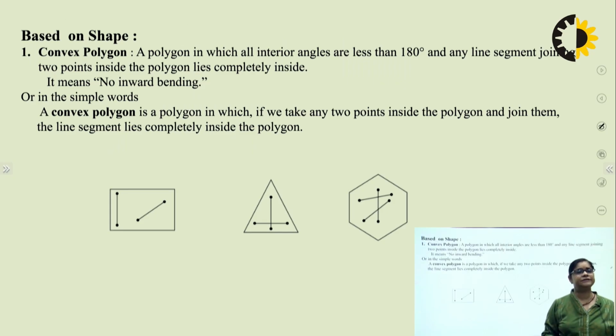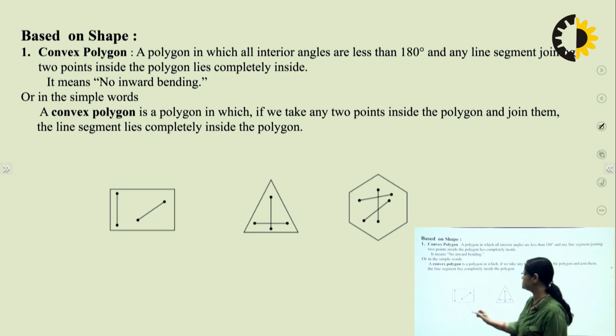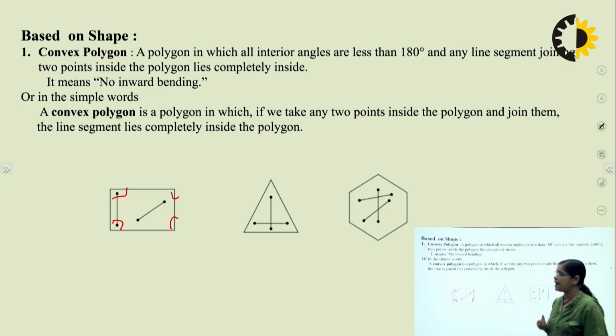A convex polygon is a polygon in which all the interior angles are less than 180 degrees, and there is no inward bending.